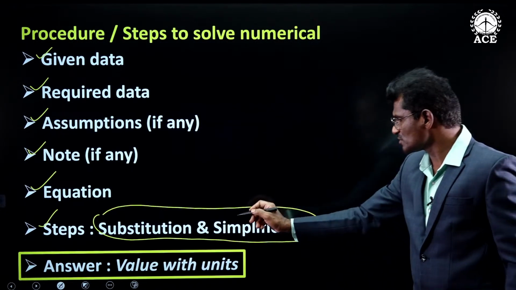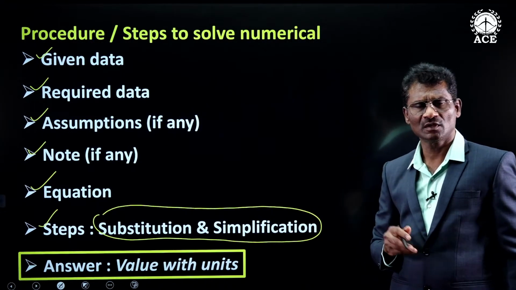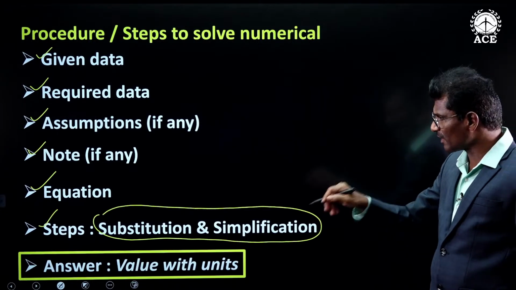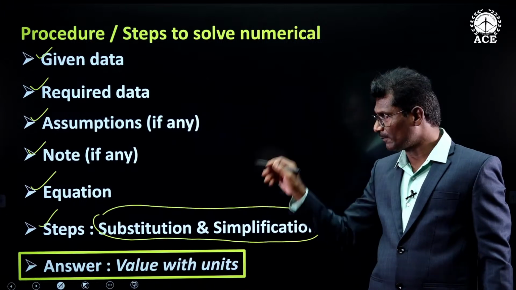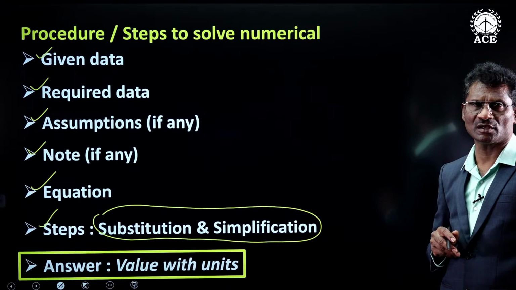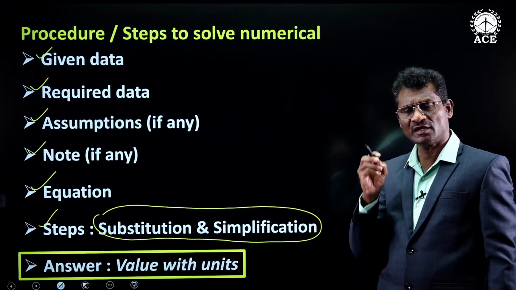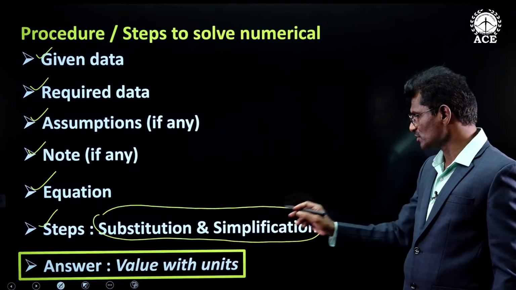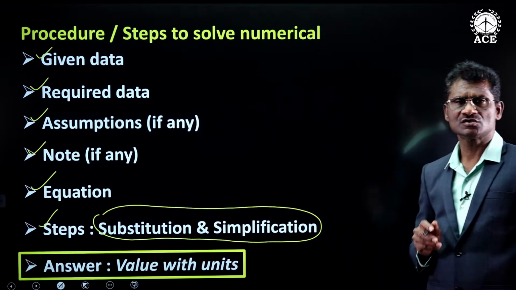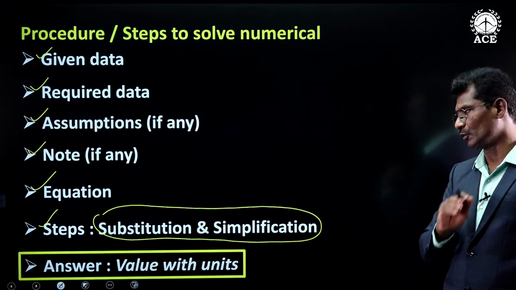That is, they will do this substitution and simplification on the question paper or somewhere in the back page with the heading rough sheet, and directly write the value in the main place. Then the examiner may assume that you have copied the answer or you wrote some random answer based on some estimation. It is better to do the substitution and simplification steps at the regular place only, so that the examiner will be satisfied that you have done it on your own.